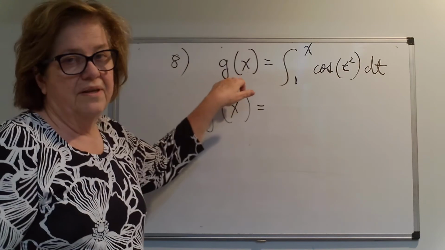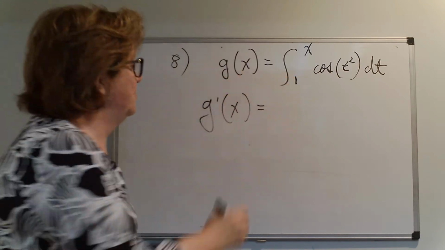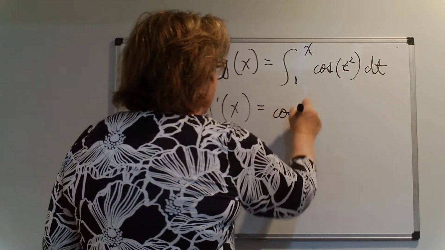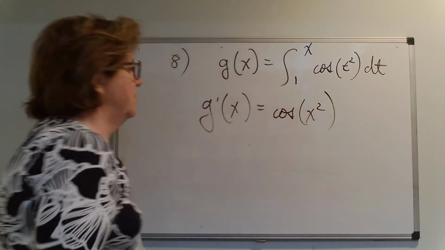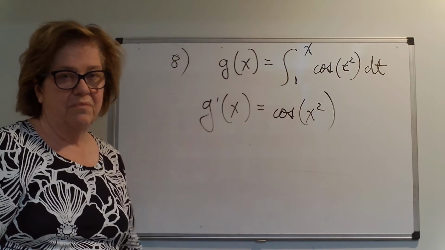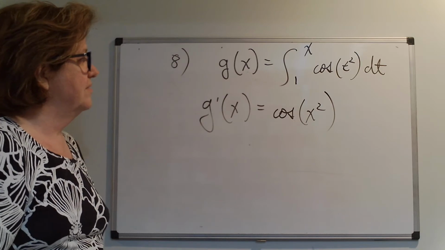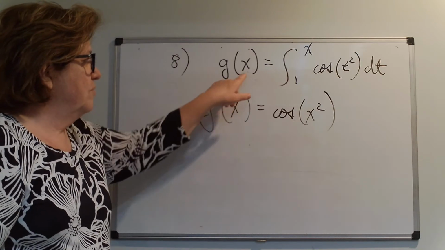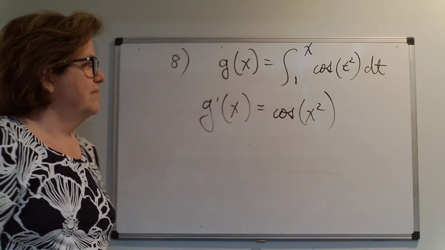Well, the derivative is just going to be that function inside. That's what part 1 of the fundamental theorem of calculus says. The derivative of this is just the inside function.